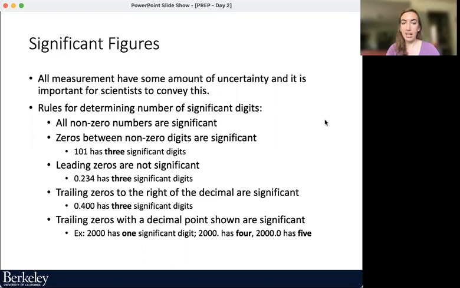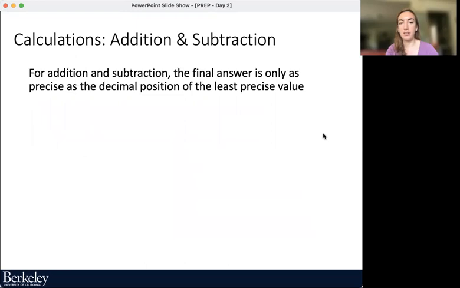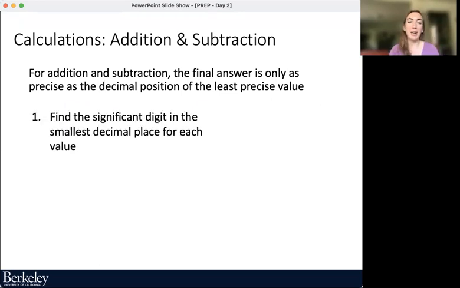So how do we use these? The first application is in addition and subtraction. This is a fancy way of saying, I'll just show you an example. You find the significant digit that's in the smallest decimal place for each value. In this case, I have 2.45 plus 0.375.